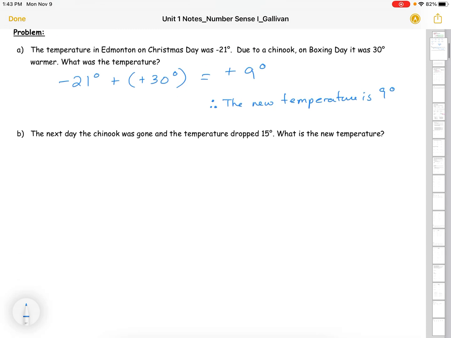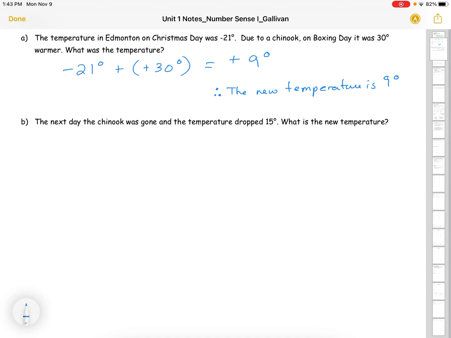is 9 degrees. Okay, the next day the Chinook was gone and the temperature dropped 15 degrees. What is the new temperature? So we're at plus 9 degrees. And it dropped 15 degrees. So that means it was plus negative 15 degrees. Okay? So the negative is now bigger. So negative, and then we find the difference. 15 minus 9 is 6 degrees.